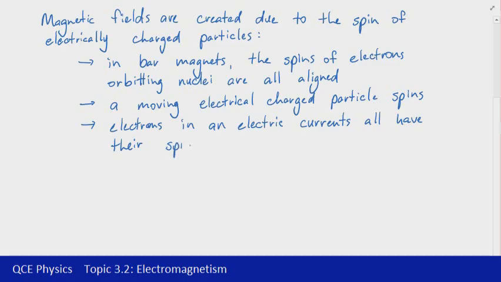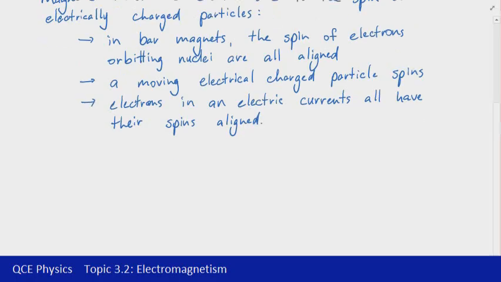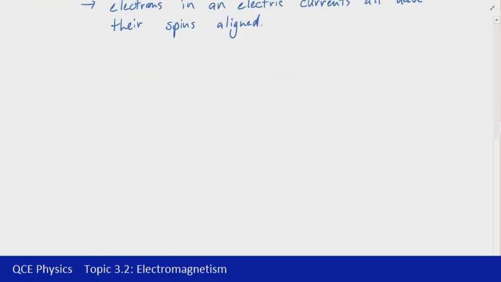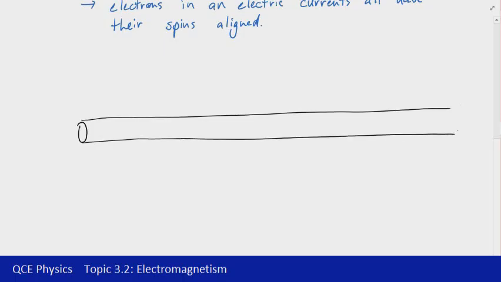So if we take that a step further and look at electrically charged particles in the form of a current, if we draw a diagram of it here, imagine that this is a conductor with a current flowing through it. The current we'll have here will be to the left, so current coming out of that conductor to the left.